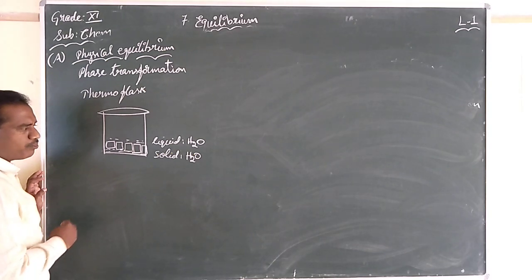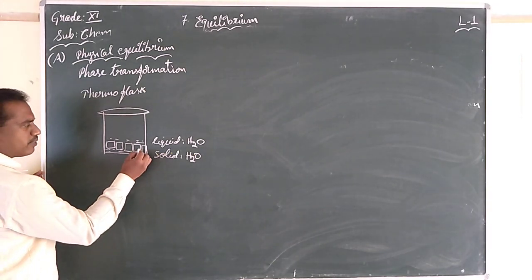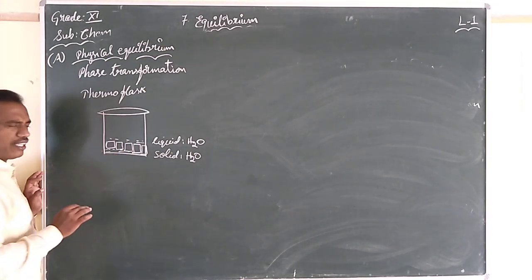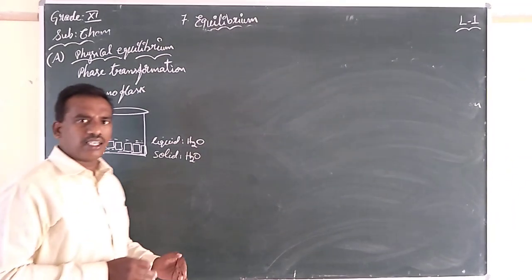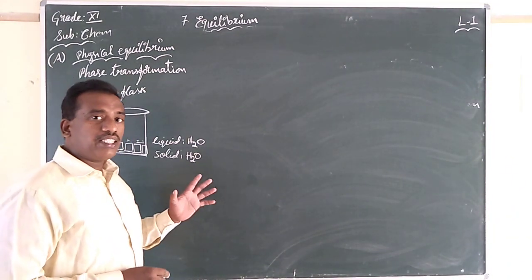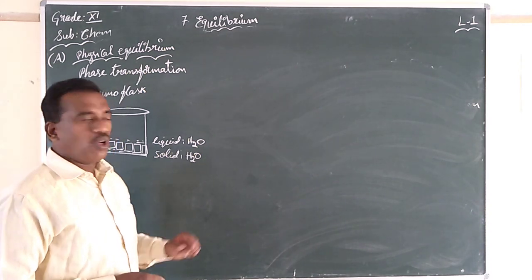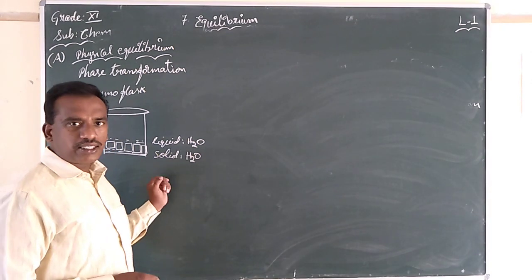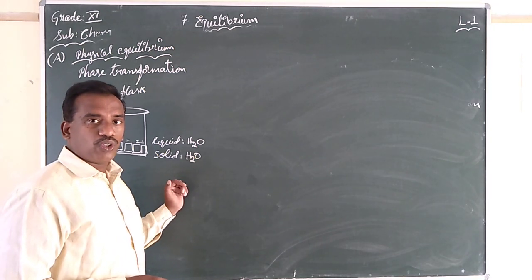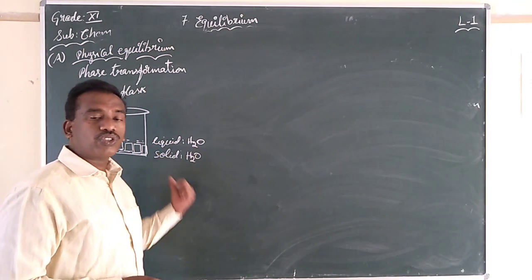In this, what you observe is that the solid ice cube starts melting. See, it is in a closed container; only then can we observe this. So the solid ice cube starts melting, but we also observe some of the liquid water changing back.